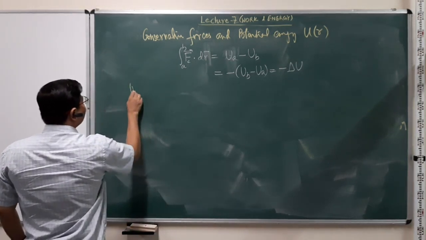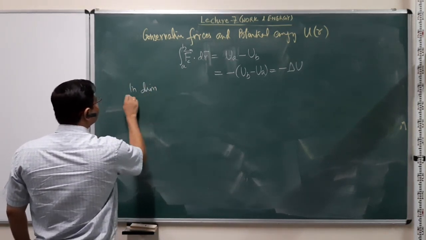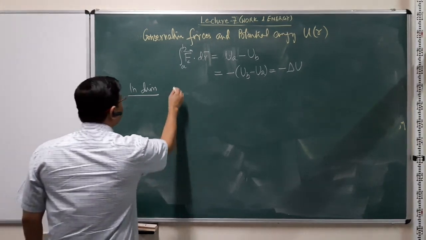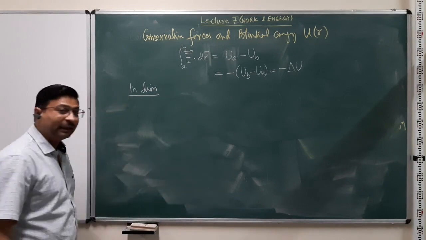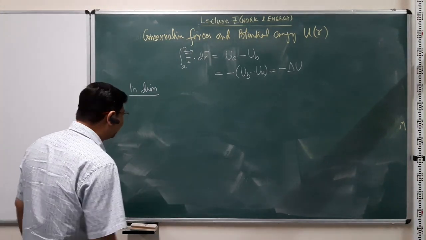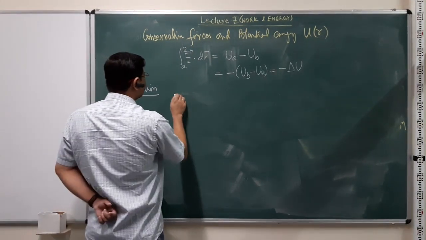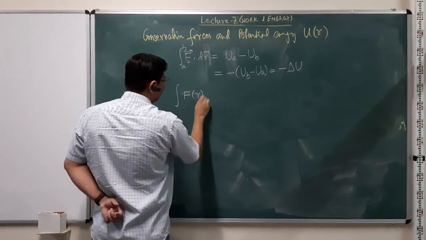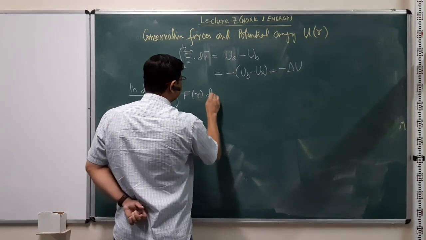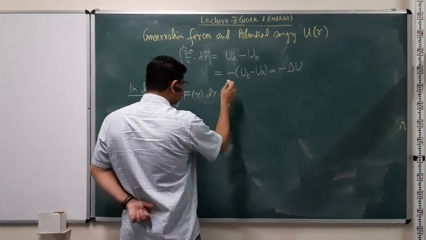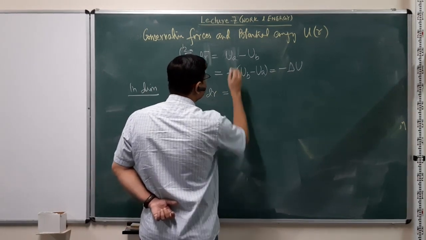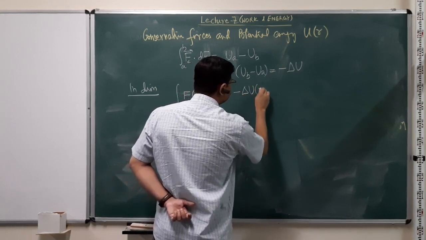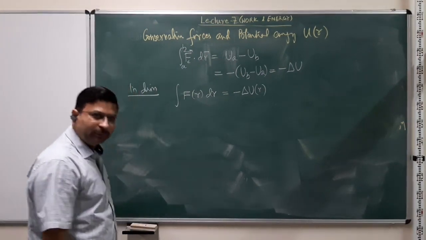Now let's say in one dimension, right? So for sources which are only, let's say, one dimensional problems, basically what it means is we don't have to worry about the vector because we know that there's only one dimension associated with it. So in that case, I can simply write it down as F of r, where r is the only coordinate, and then dr, the integral is only over this, and of course this will be minus delta of U, which could be a function of r.